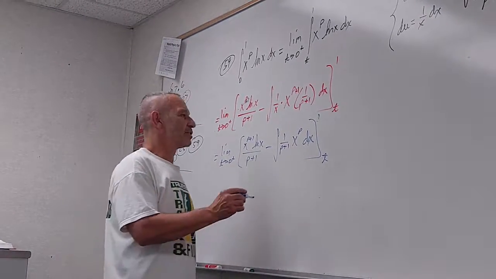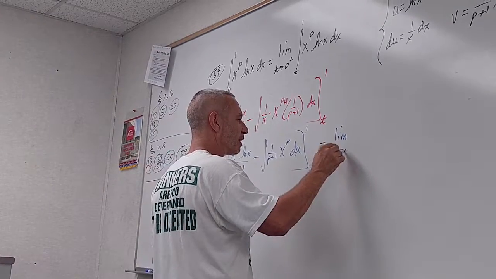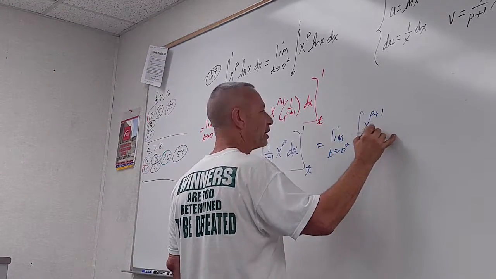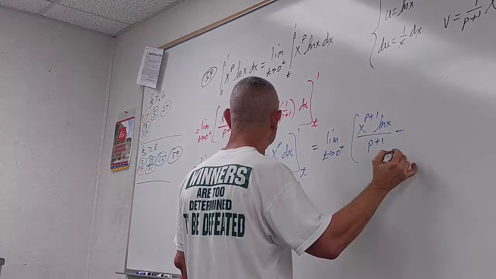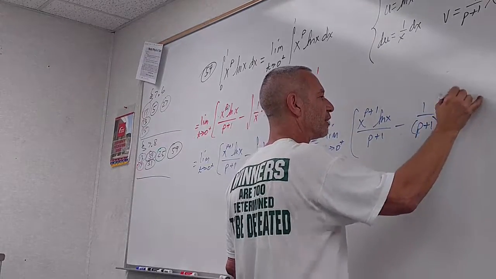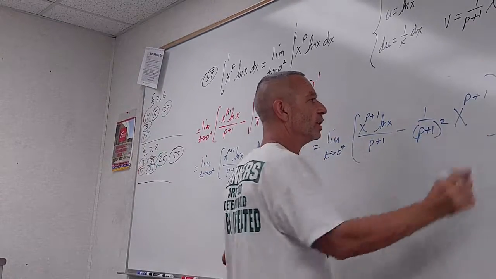All right, so this is the limit as t goes to 0 from the right, x to the p plus 1 ln x all over p plus 1 minus 1 over p plus 1 quantity squared x to the p plus 1, all evaluated from t to 1.